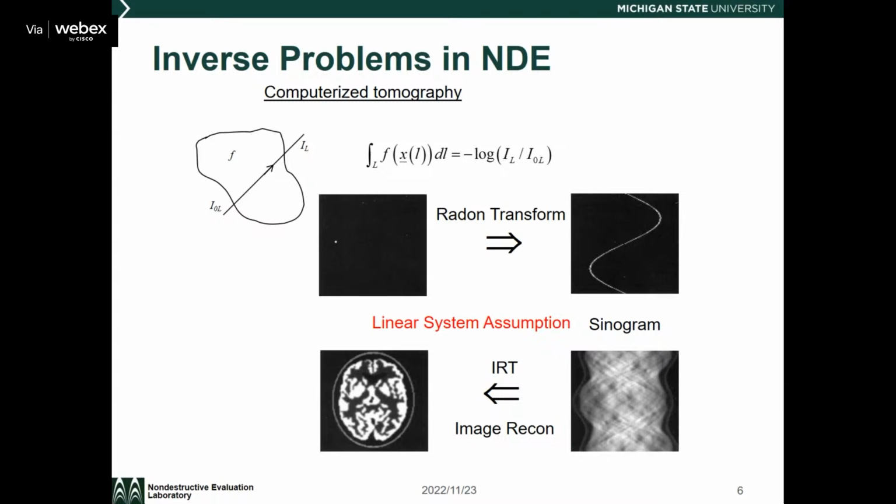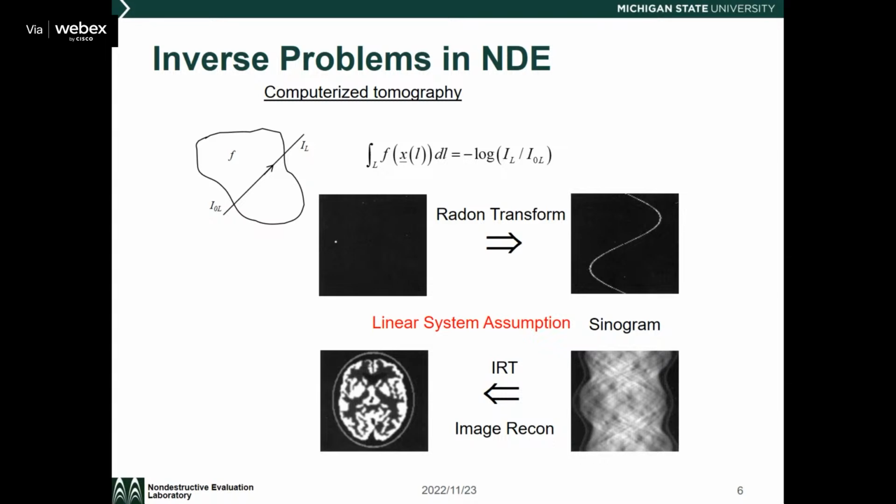First of all is CT, computed tomography or computerized tomography. I think they're the same. You've seen this in medical devices or medical fields. Well, for NDE, you also have CT using high energy particles. Widely used is X-ray, right?